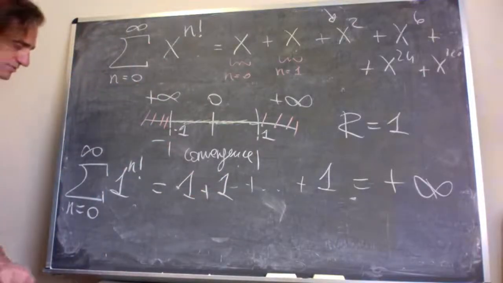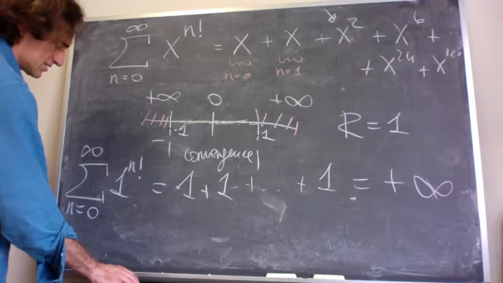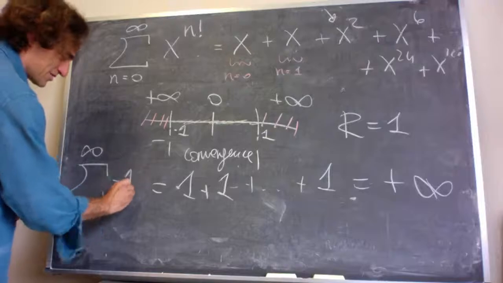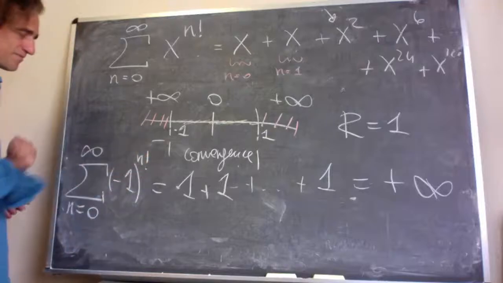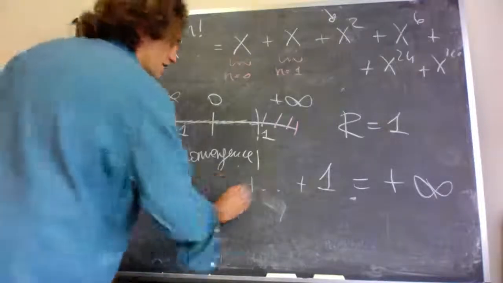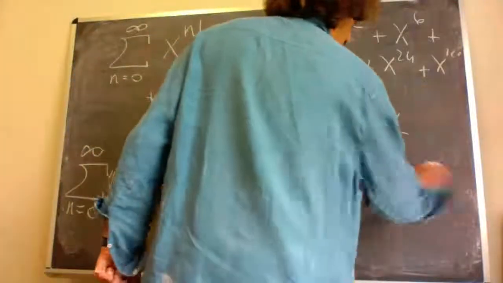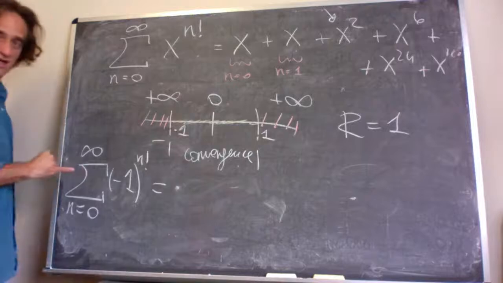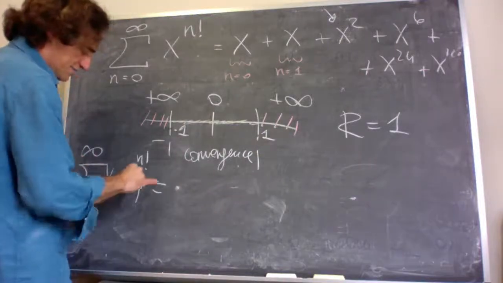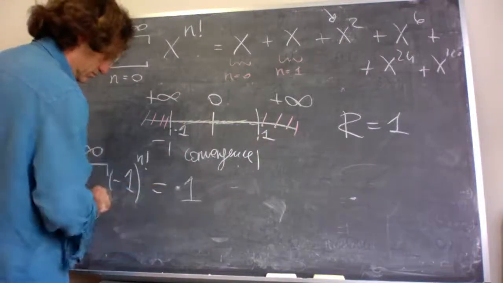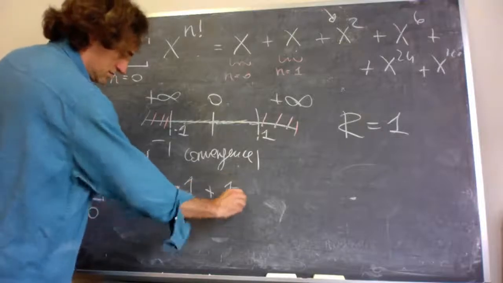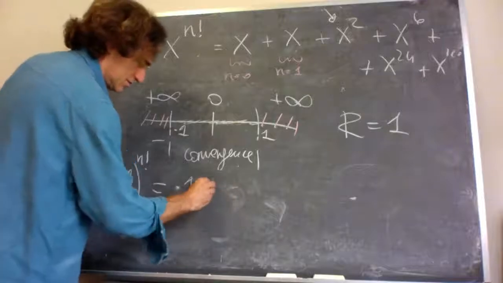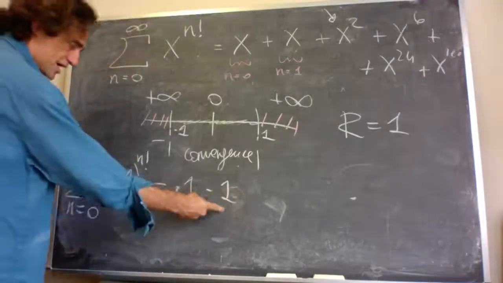And what about the sum of -1s? So, sorry, not the sum of -1s, but just the series computed at x equal to -1. So here we have 1 plus -1, for n equal to 0, n equal to 1.